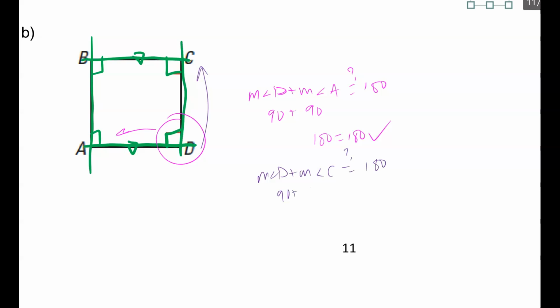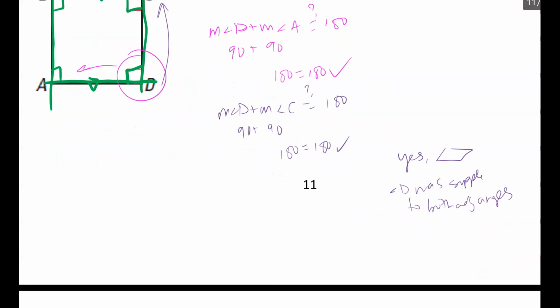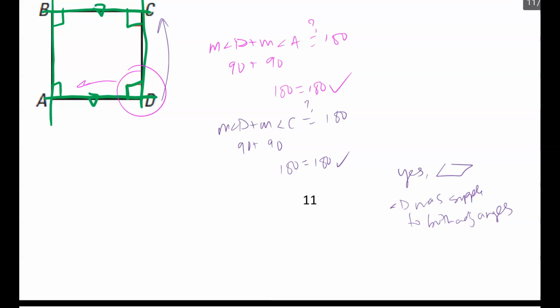Well, D is 90 degrees, C is 90 degrees. So it turns out it is also a parallelogram. So yes, parallelogram, because angle D was supplementary to both adjacent angles. All right, and that's it for the first half of the notes. Perfect.